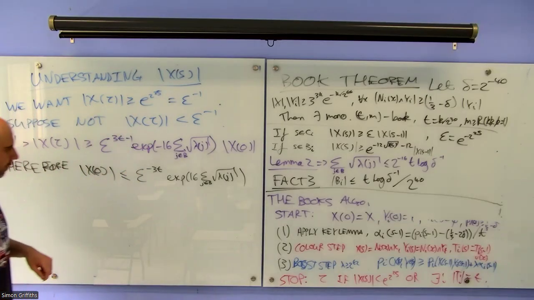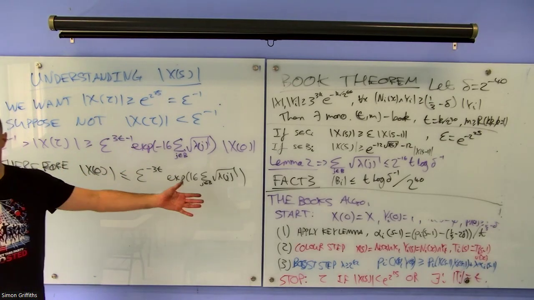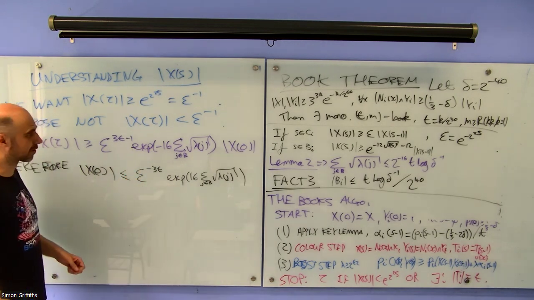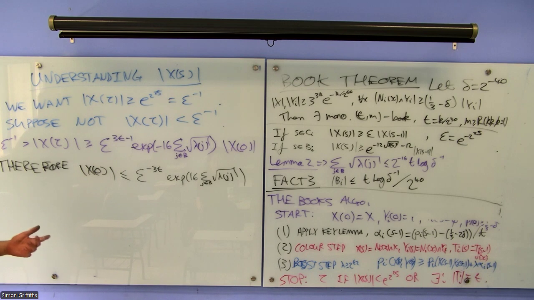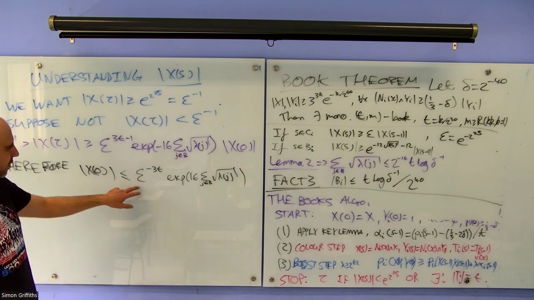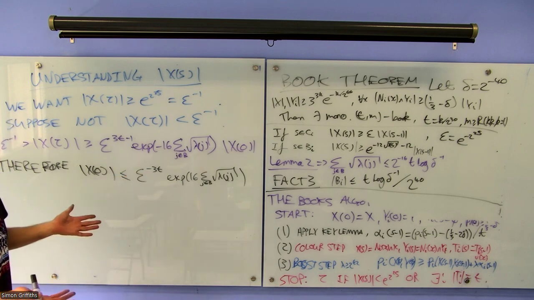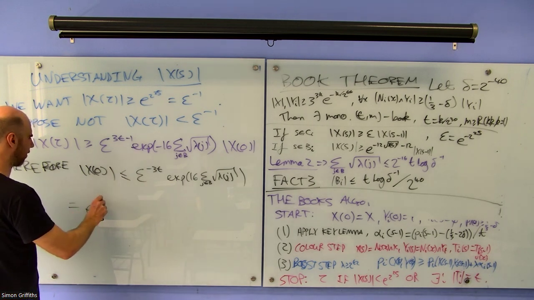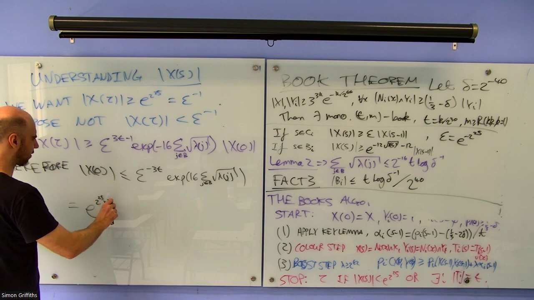But each of these two things is just something we can calculate, right? It's not that different. The epsilon was e to the minus 2 to 25. So epsilon to the minus, like an e to 2 to 25. So this first thing is e to 2 to 25 times 3t.